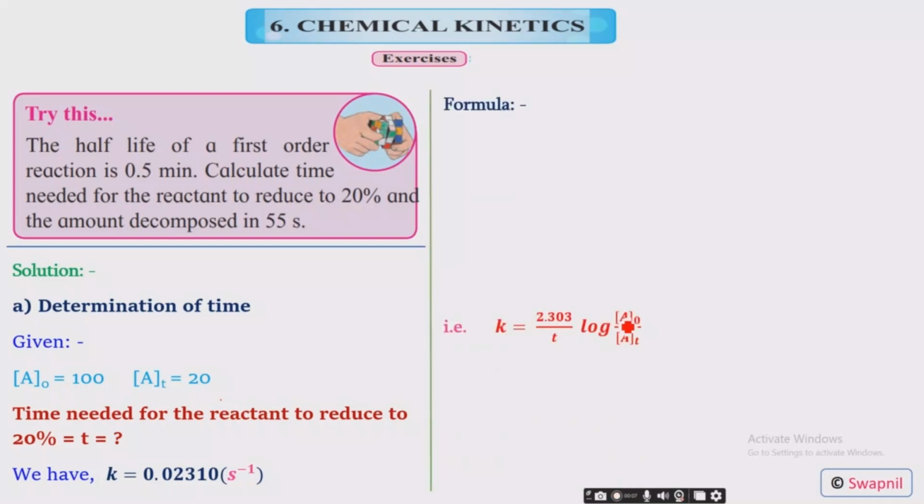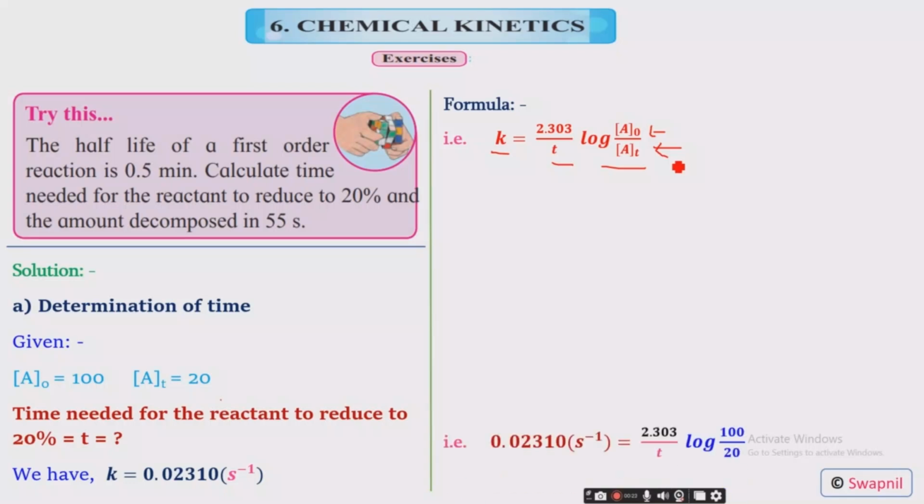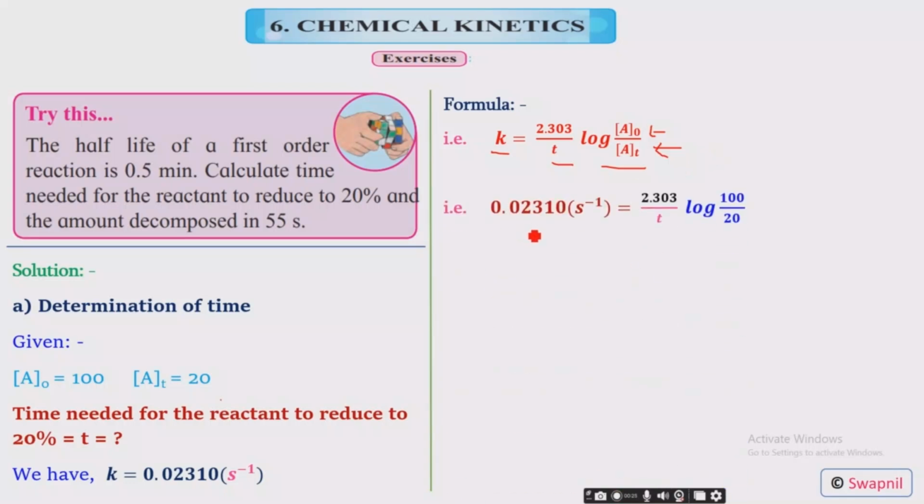Now the formula is K is equal to 2.303 divided by T log of concentration of A naught divided by concentration of A t. Here K is the rate constant, T is the time, A naught is the initial concentration, and A t is the concentration after time T. Now by substituting the values we get 0.02310 second inverse is equal to 2.303 divided by T log of 100 divided by 20.